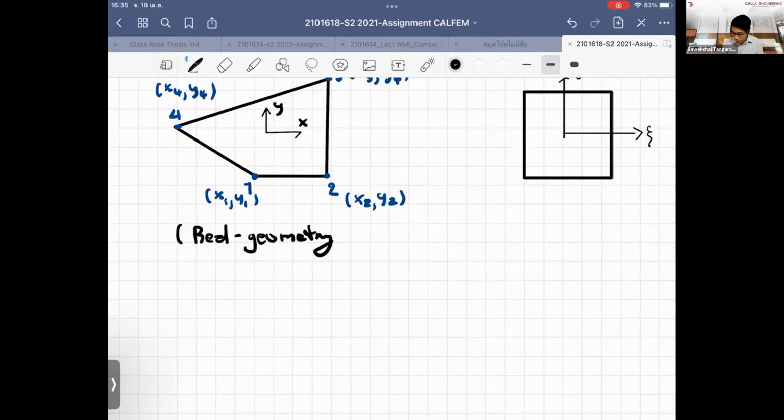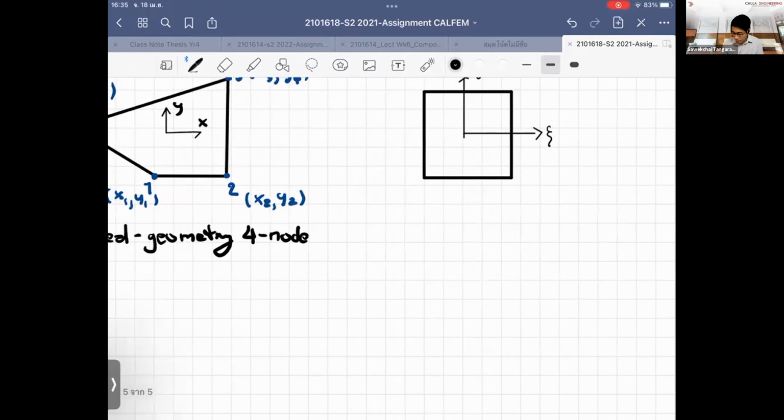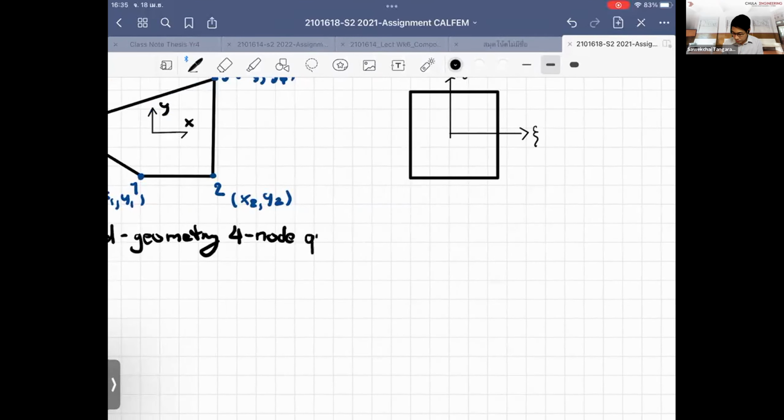You can model this by using the 4-node quadrilateral element, which is bilinear.